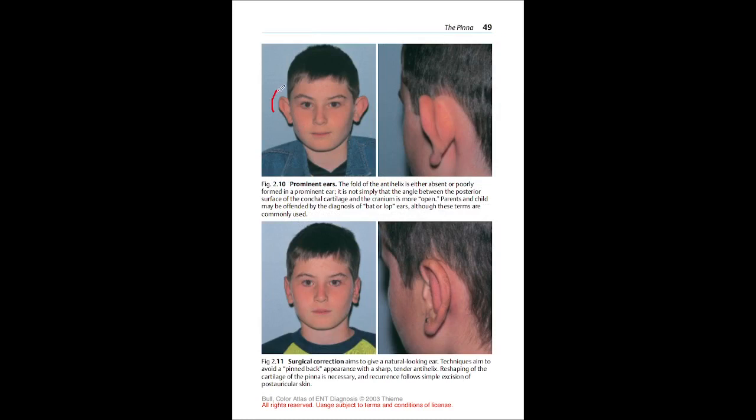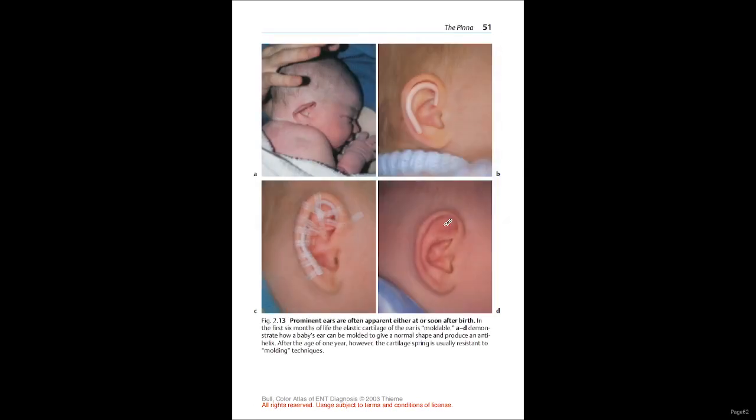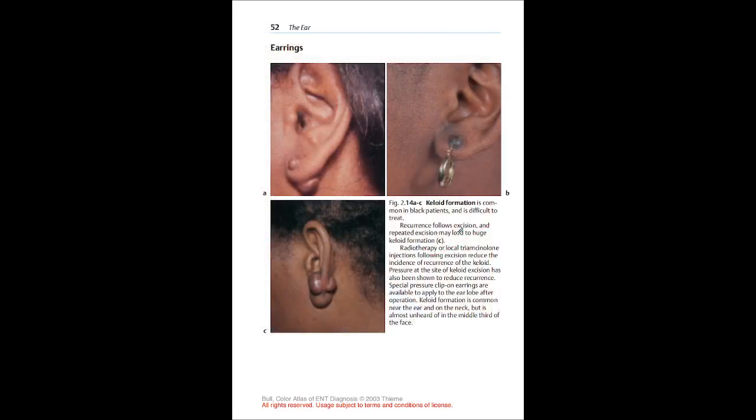This is bat ear, prominent ears. Okay, and this is the surgical correction. These are all bat ear patients, familial bat ear patients. Their father had bat ears. This was a prominent ear and it was surgically corrected and it looked like this in the end.